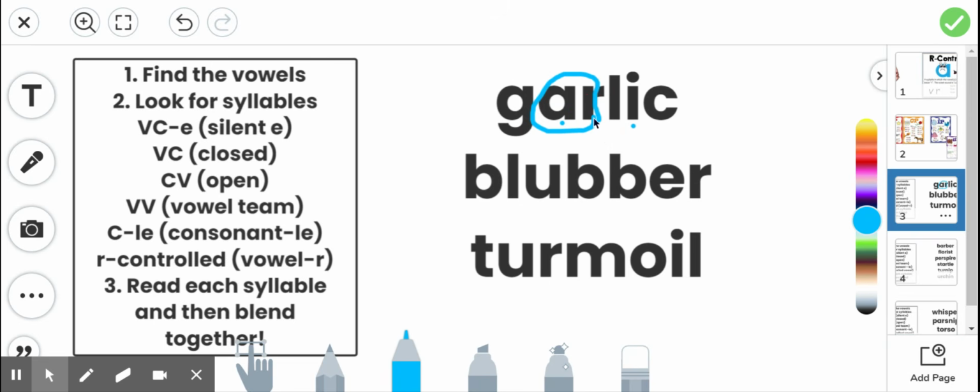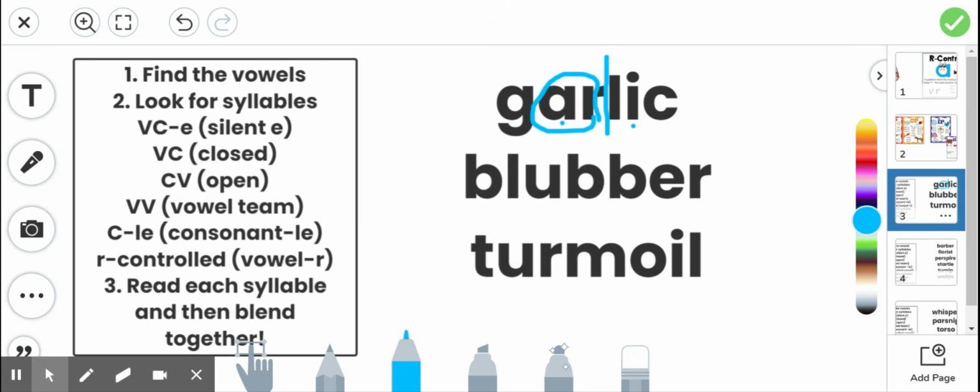Between our R-controlled vowel and the letter I, there is one consonant. When there's one consonant separating the R-controlled vowel and the next vowel, we usually separate right after the R.